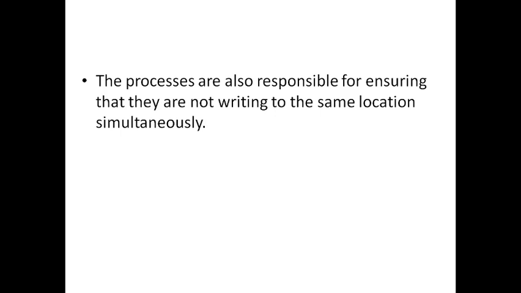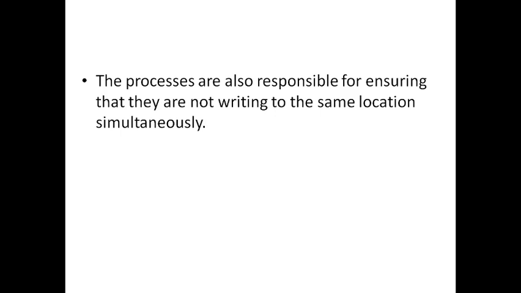The processes are also responsible for ensuring that they are not writing to the same location at the same time. So this is a requirement that needs to be taken care of while we implement shared memory based communication. So the problem is that when two processes share the same memory, both may want to communicate something to the other process at the same time.